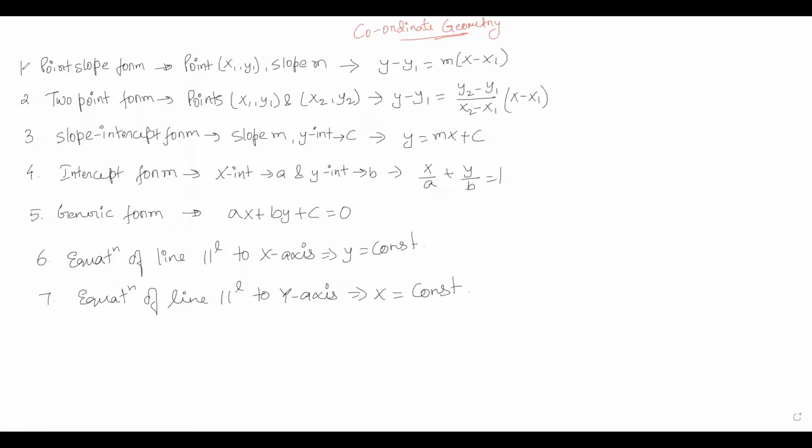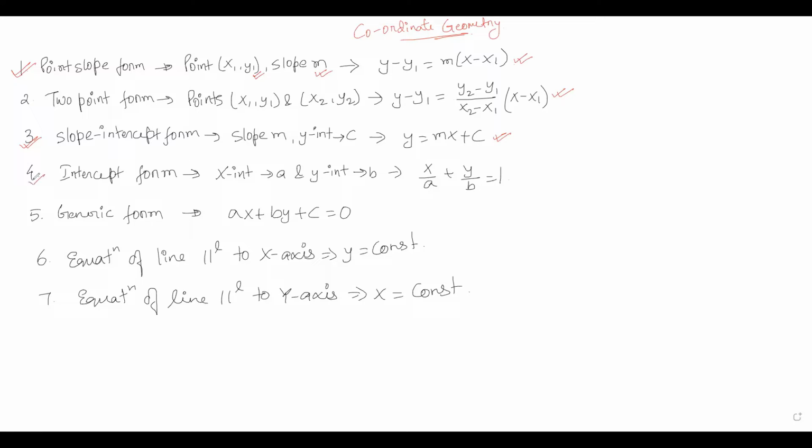So, if we summarize all these points, we can say that the equation of a line in point slope form, when one of the point x1, y1 is given and the slope is given, then the equation would be y minus y1 would be equal to m into x minus x1. In a similar way, if we have 2 points x1, y1 and x2, y2, then the equation is given by y minus y1 would be equal to y2 minus y1 upon x2 minus x1 into x minus x1. And the equation of a line in the slope intercept form, when the slope is m and the y-intercept is c, is given by y equal to mx plus c.